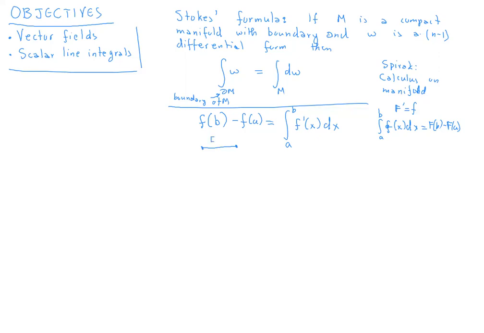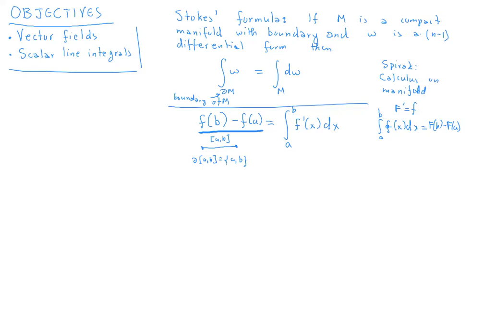So it's the interval AB, and its boundary is just the points a and b. And in order to keep track of the orientation of this boundary, when we take the integral of the function f over this boundary, which consists of two sets, it's just the difference between the values of the function at the endpoints.